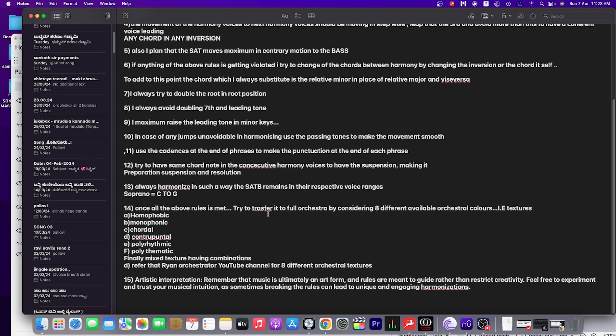Sometimes you may end up having a perfect melody and harmony without violating any rules, but a boring orchestration. So you have to consider this. It is a proven technique, but it doesn't mean that you have to strictly follow it. Feel free to experiment and trust your musical intuition, as sometimes breaking the rules can lead to unique and engaging harmonization.